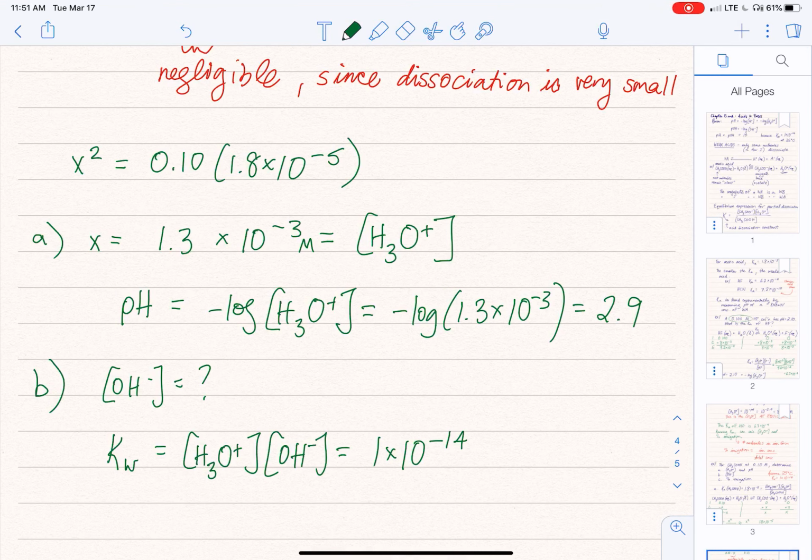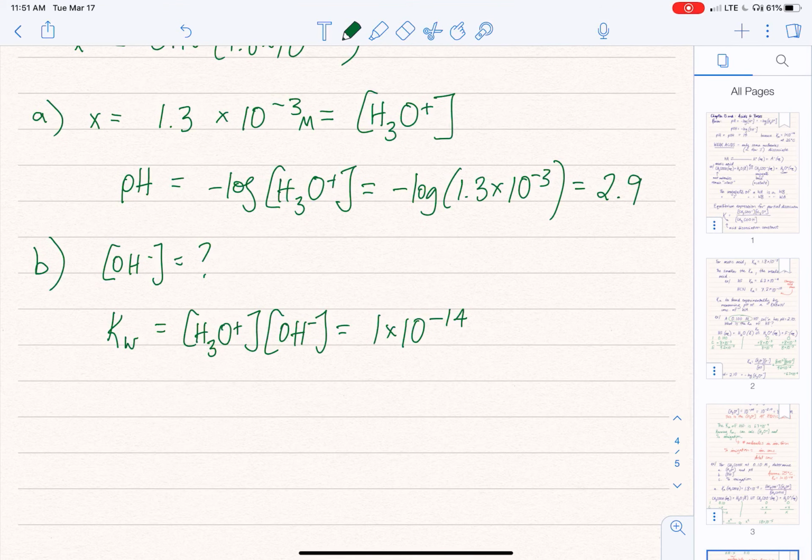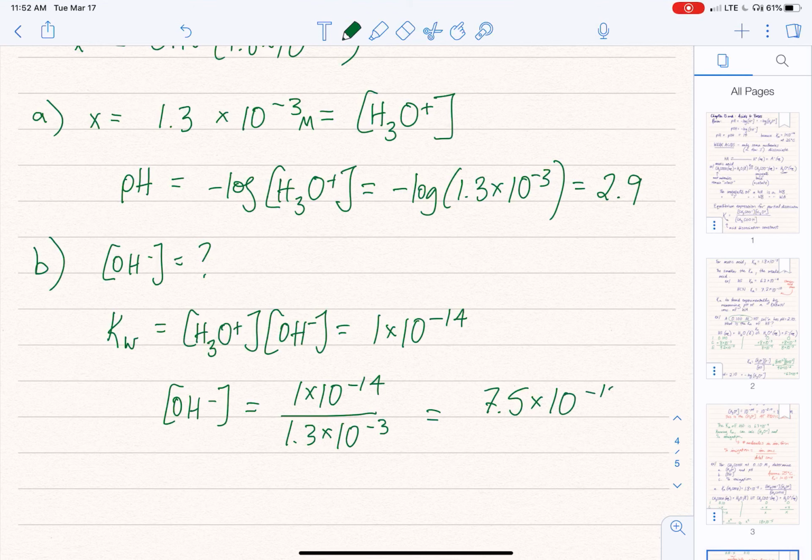So this is awesome, because if I have one, I always have the other. So I can get hydroxide by taking Kw and dividing it by the hydronium concentration from up above, which is 1.3 times 10 to the minus 3. And that's going to give me a value of about 7.5 times 10 to the minus 12 molar.